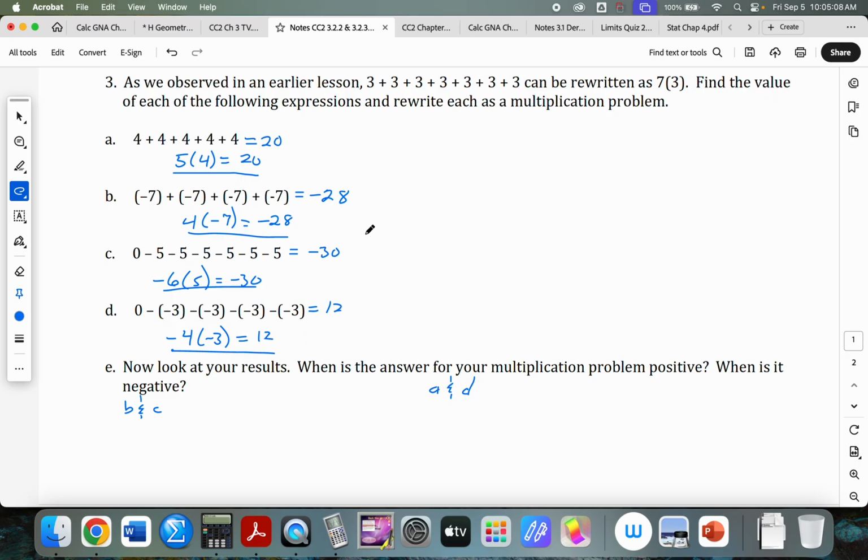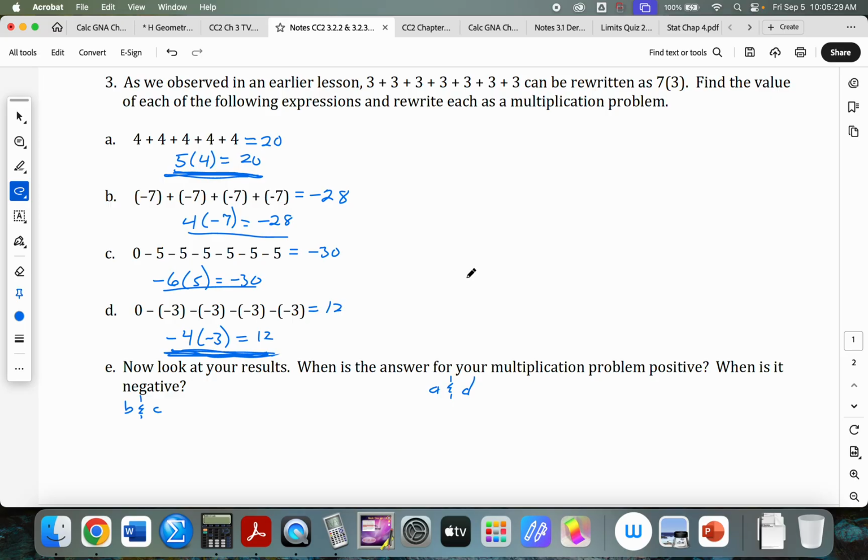Yes, sir. Because they're both adding. No, this one's subtracting. I'm asking if you just look at this, how is that and this alike? Yes.